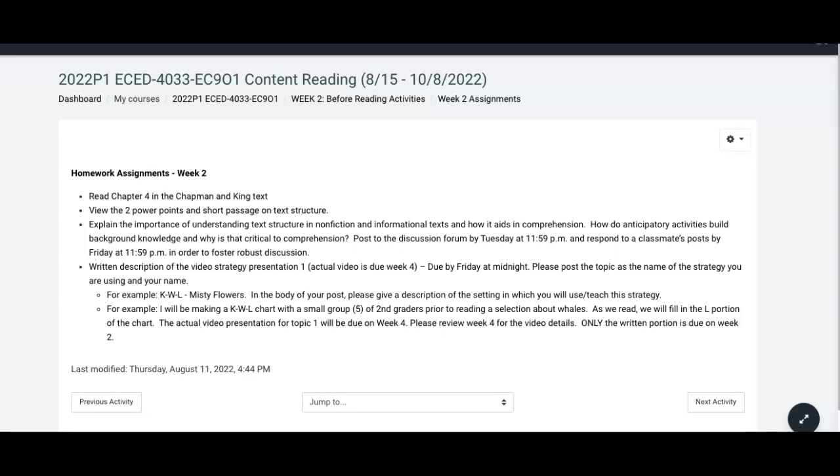There are 12 strategies there to choose from. Again, you're looking at the Tools for Teaching Content Literacy by Janet Allen, the Assess and Build Content Knowledge Strategies.